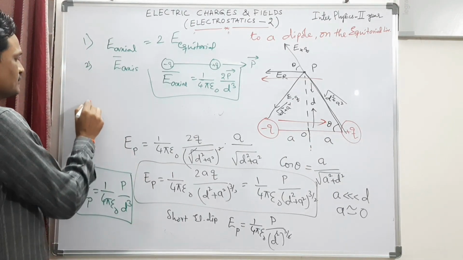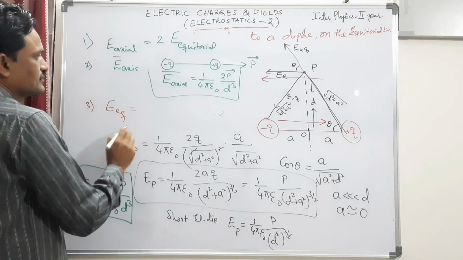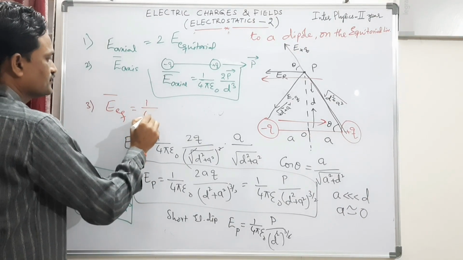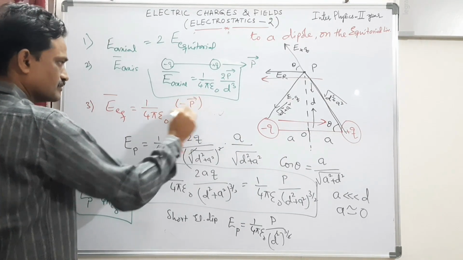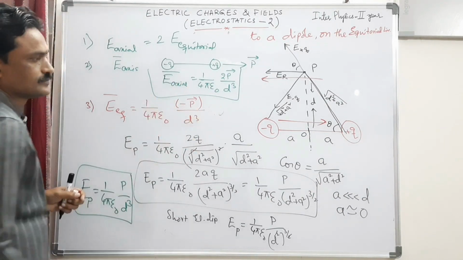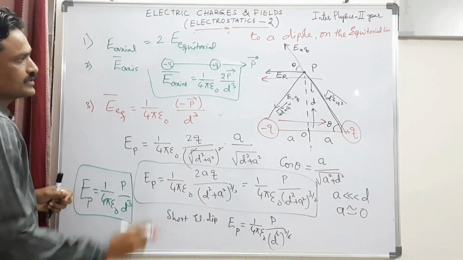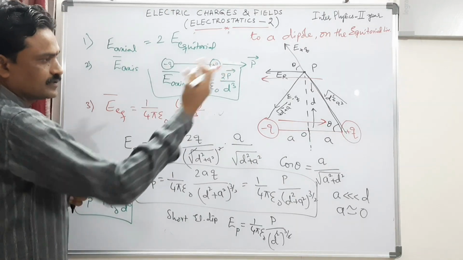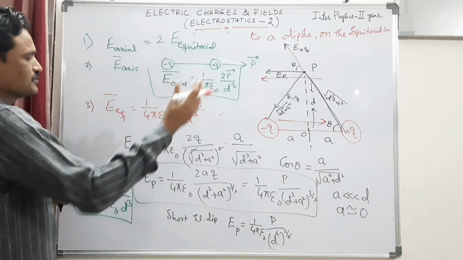So in the case of equatorial line, the formula is, I can write in vector notation, 1 by 4 pi epsilon naught minus p, where I am taking p as a vector, by d cube. So if you consider the directions, in the first case the direction of E is along the axial line, starting from negative to positive charges.